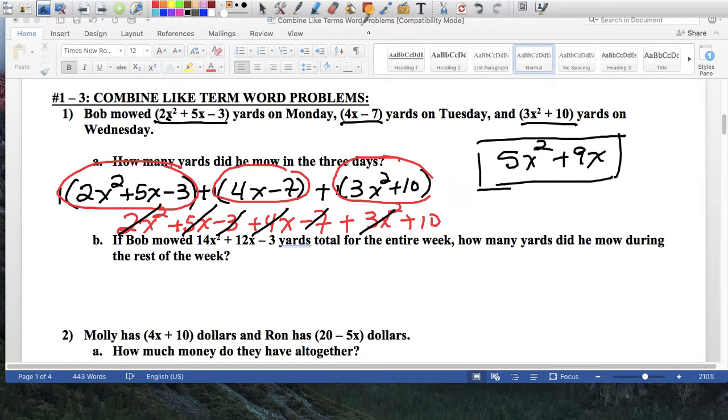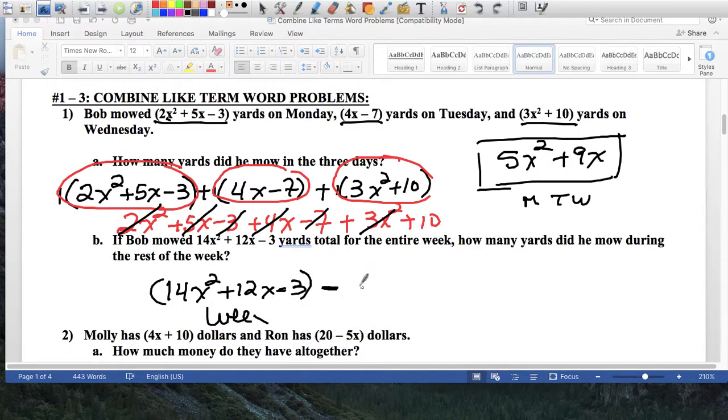Okay, so now it says here for the rest of the week, for the entire week, he mowed this much. So let me write this down. So this represents how much he mowed from Monday to Sunday. Now, if we remove what he mowed on Monday, Tuesday, and Wednesday, if I subtract, this is the entire week, the whole week.